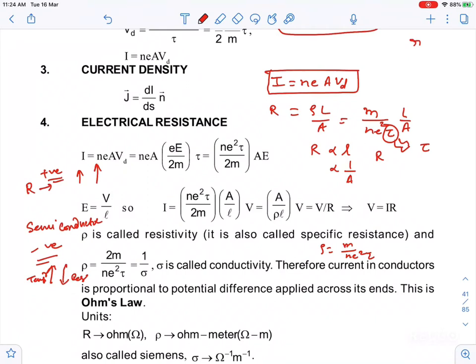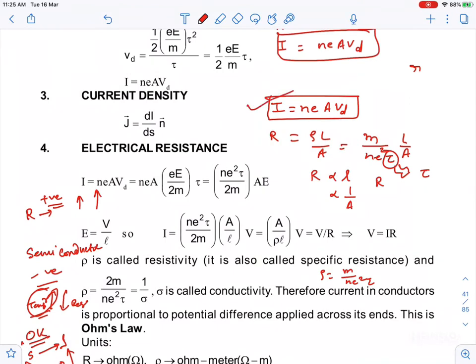At 0 Kelvin, a semiconductor behaves as an insulator, and if you increase the temperature to 300 Kelvin or above, resistance decreases, so conductivity increases and the semiconductor becomes a conductor. From this you can conclude this point.